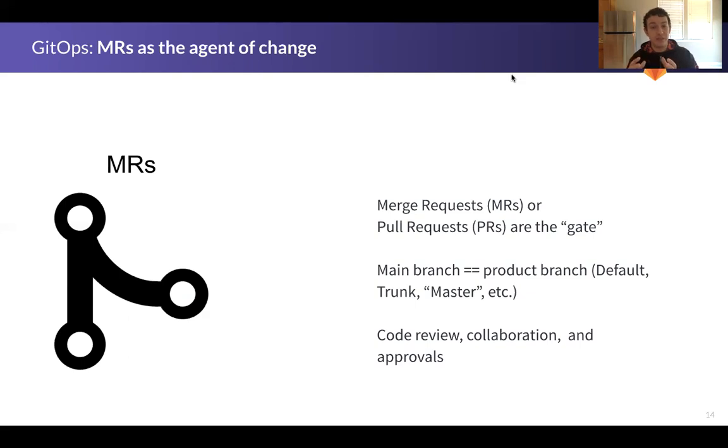By using the MR as the gate, many people or anybody can propose a change, but for compliance purposes, you can lock down the set of people who can actually enact that change to a few people, and those are the people who have permission to merge to that main branch. This is a powerful mechanism of GitOps, using merge requests as the agent of change.